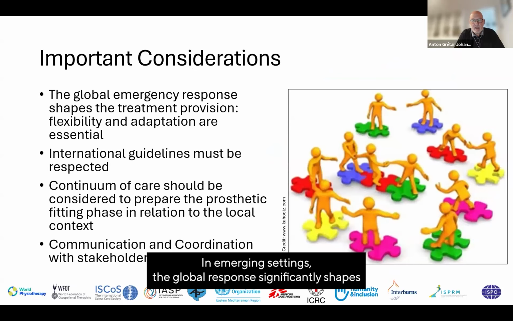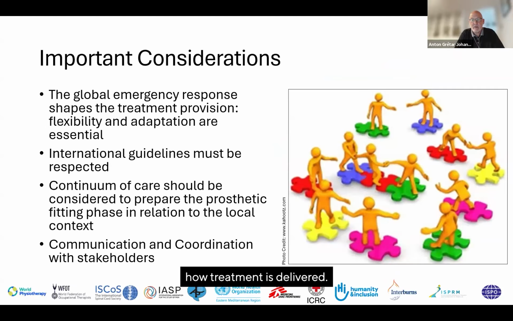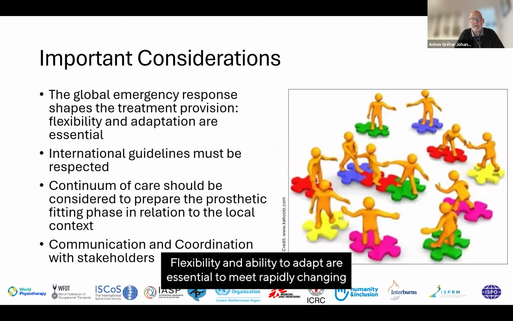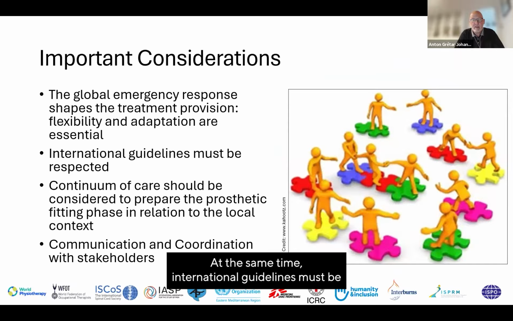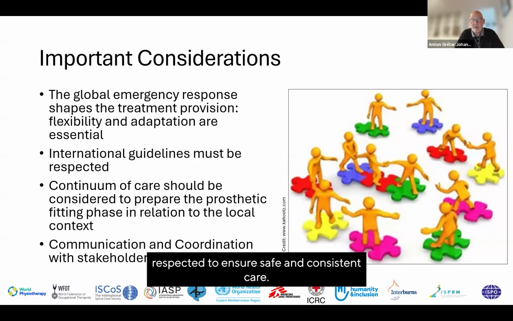In emergency settings, the global response significantly shapes how treatment is delivered. Flexibility and ability to adapt are essential to meet rapidly changing conditions. At the same time, international guidelines must be respected to ensure safe and consistent care.